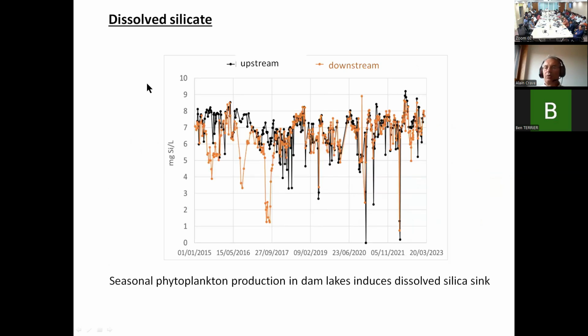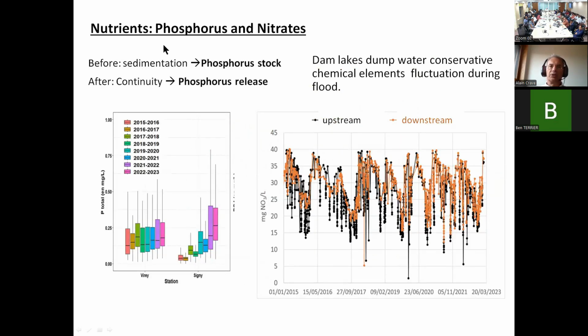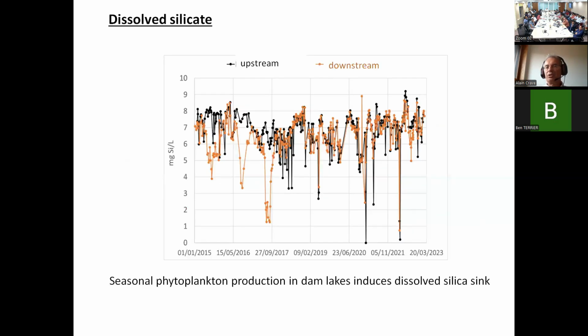For the nitrate and the phosphorus, we are more or less dealing with conservative chemical tracers. But we have another tracer which is interesting. It is dissolved silicate, and with the dissolved silicate, you can see clearly the impact of the dam's reservoir.